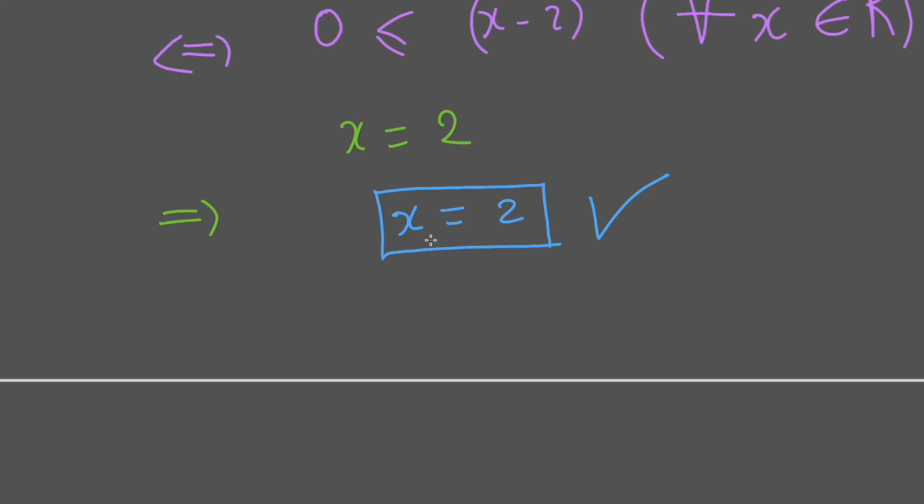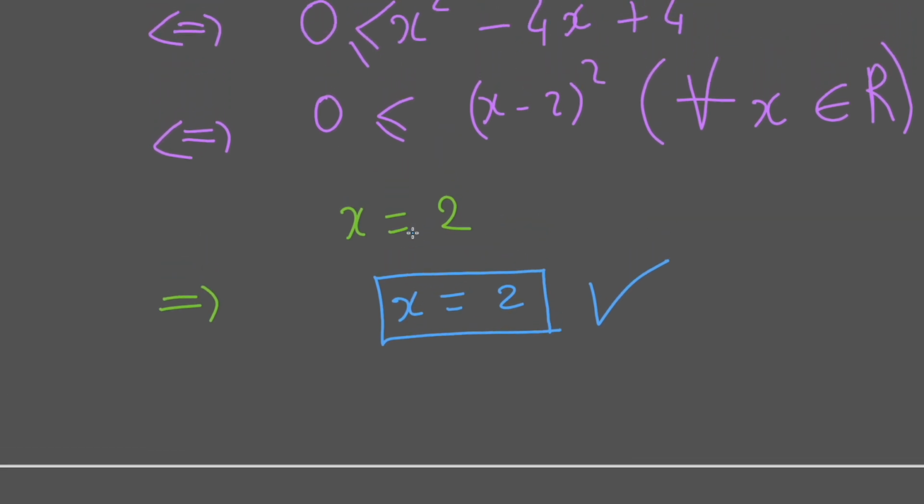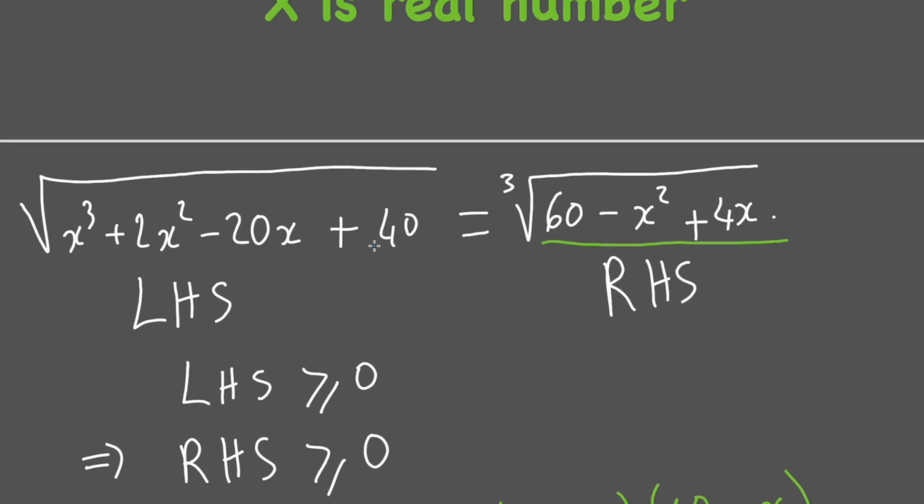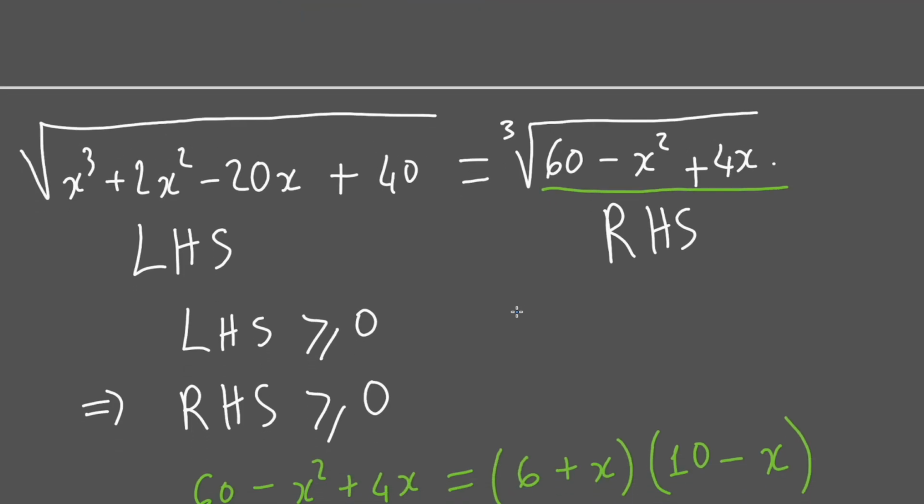And that's the way we find the solution for this equation. The lesson from this video is, when you see a weird form of equation, something like a radical, the natural way is to square both sides or cube both sides, but you have to check the condition first.